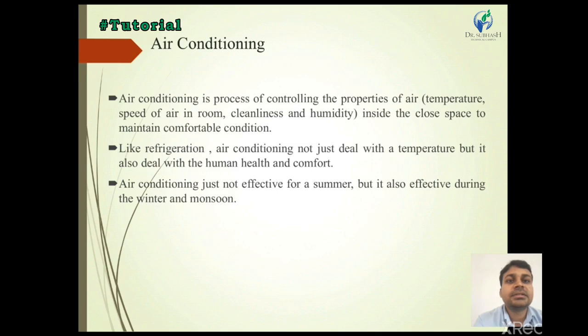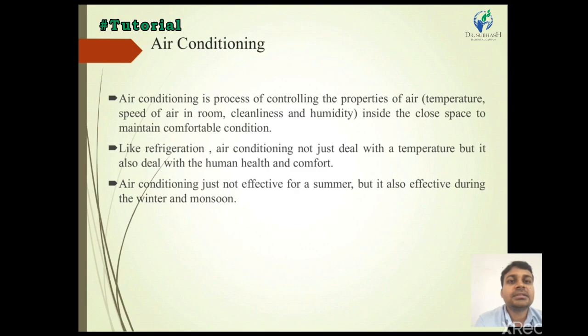The air conditioning process controls the properties of air: temperature, speed of air in the room, cleanness, and humidity inside the closed space, and maintains comfortable conditions. All the parameters required for human comfort are maintained by the air conditioning system.